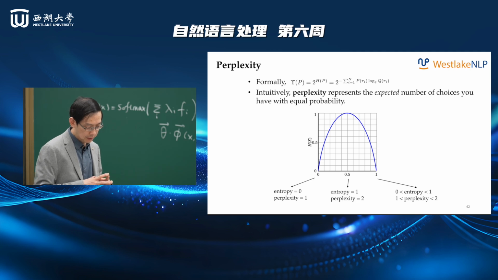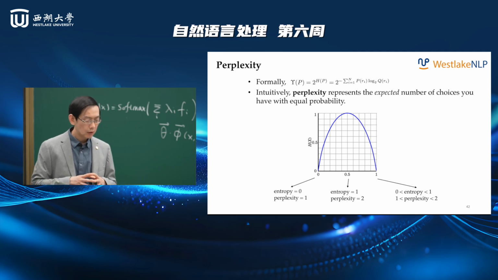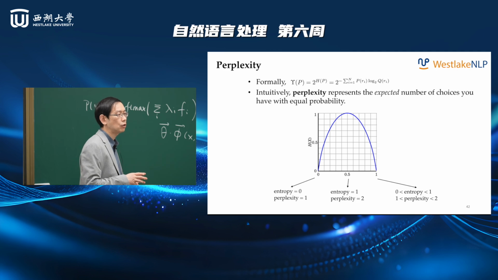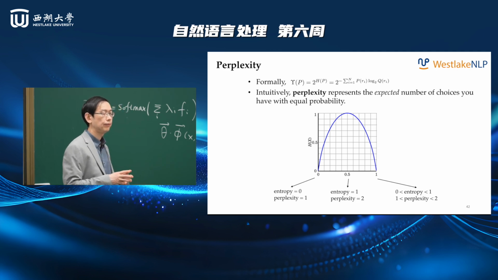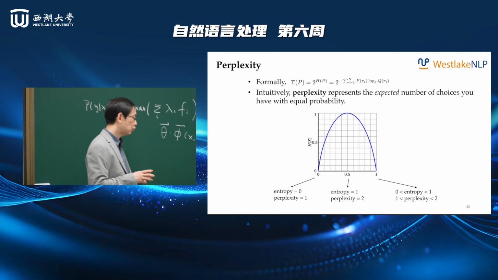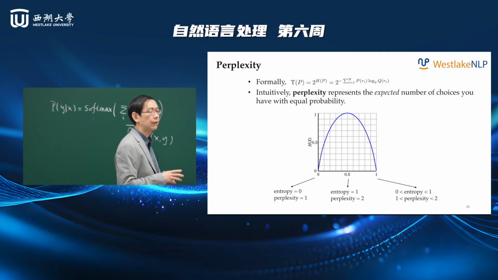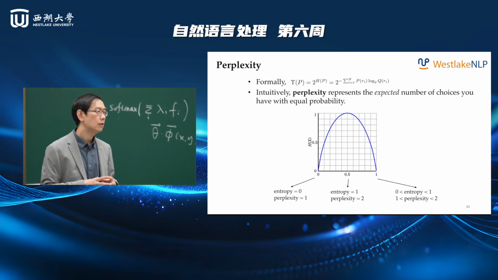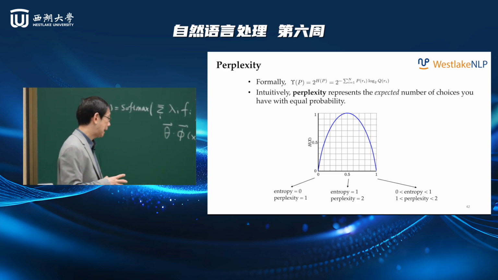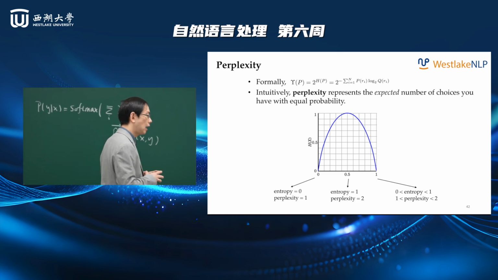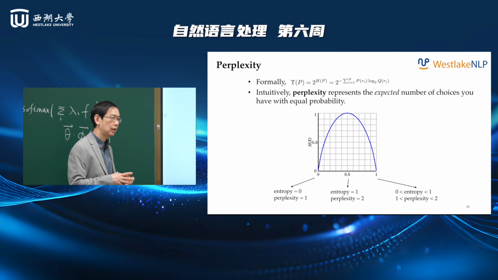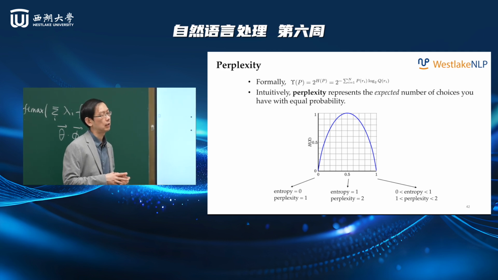So what does it mean? You know, entropy is the average number of bits I use to encode every outcome of a random event. So if I take 2 to the power of that, the intuition is I get the number of choices you essentially have, when the choices are equally likely.